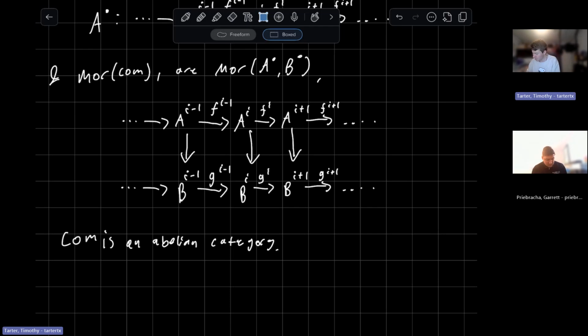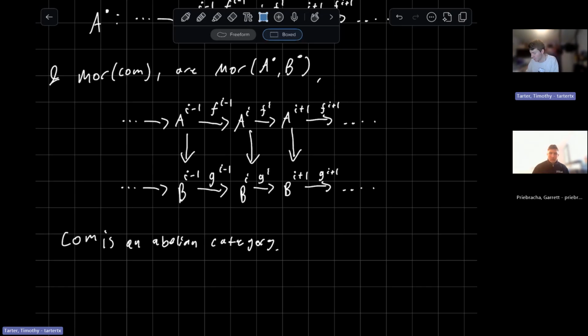Okay, so we want to show that morphisms form abelian groups. We want to show that we have a zero complex. We want to show that we have products of two complexes.